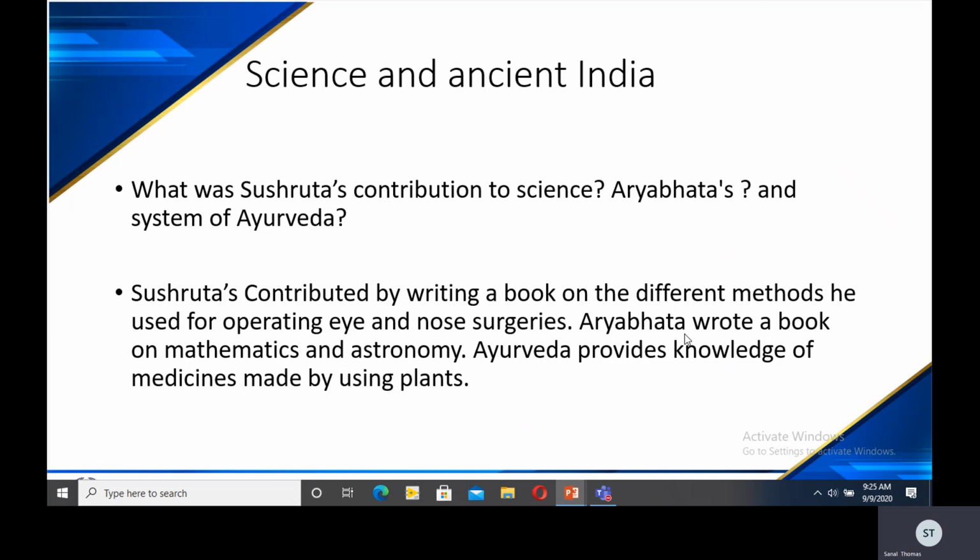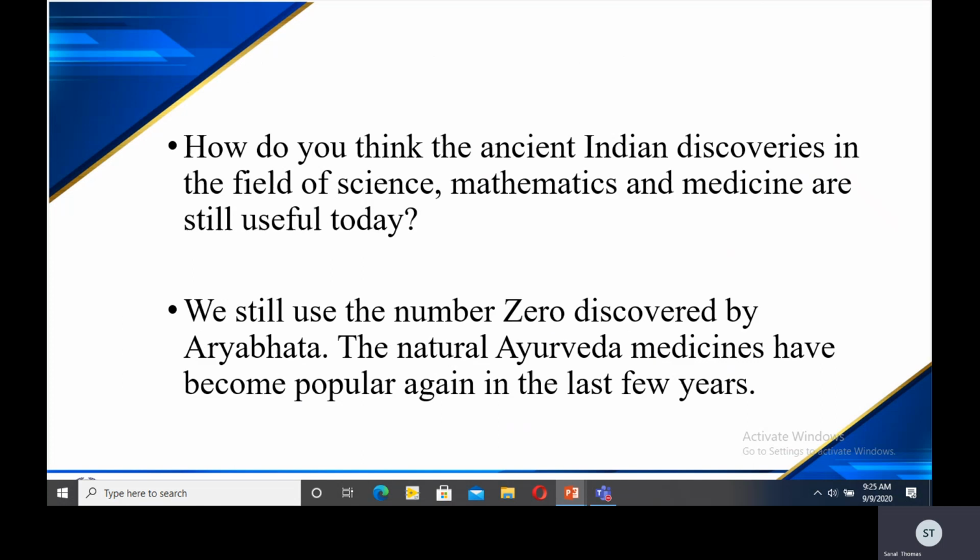Aryabhata wrote a book on mathematics and astronomy. And Ayurveda provides knowledge of medicines made using plants. In this way, Sushruta, Aryabhata and Ayurveda contributed to science.